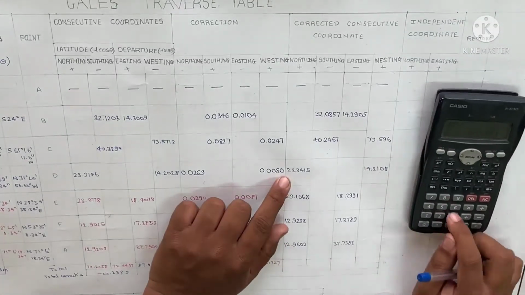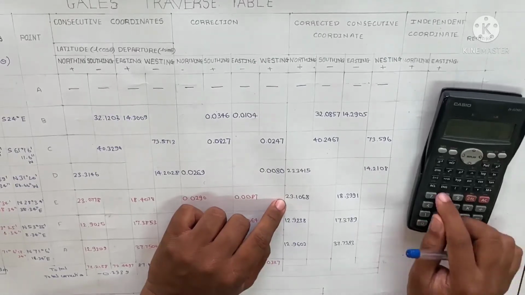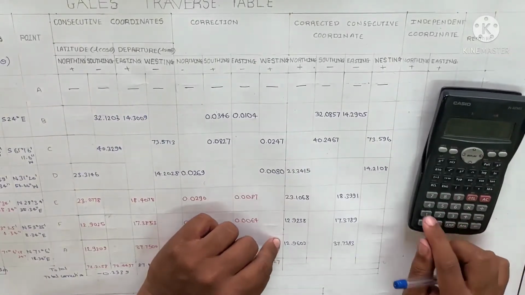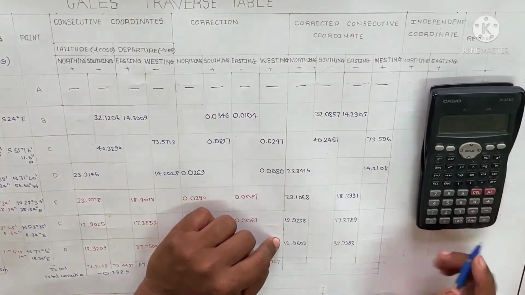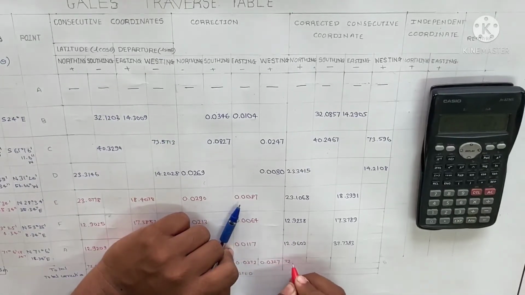Okay, so 23.3415, 23.1068, 12.9238 plus 12.9602, which comes out to be 72.3323. Now the summation of southing should also come out to be the same: 32.0857 plus 40.2467, so the value comes out to be 72.3323.